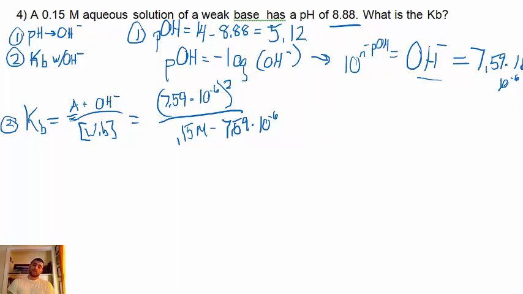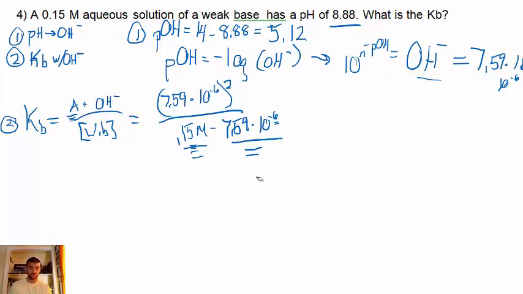Now, I'll let you know a little secret here. When you have this huge difference between your starting concentration and how much was used, you can ignore how much was used up. If you do 0.15, which is precise to the hundredths place, and you have this number which goes back 5 decimal places, when you do that math you're still going to get 0.15.